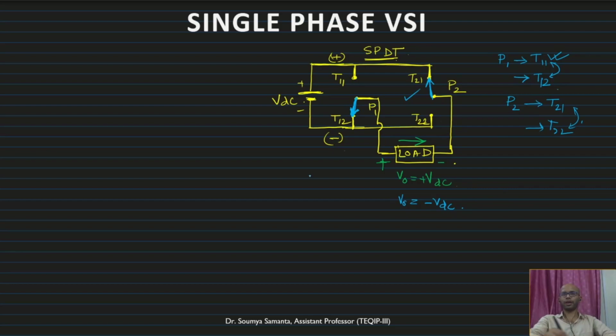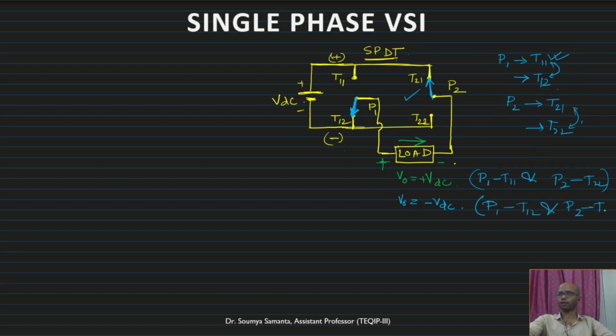So first what we did for this one, that means we have connected P1 to T11 and P2 to T22. Next what we did, P1 is connected to T12 and P2 is connected to T21. Okay, now what is the output we are getting?